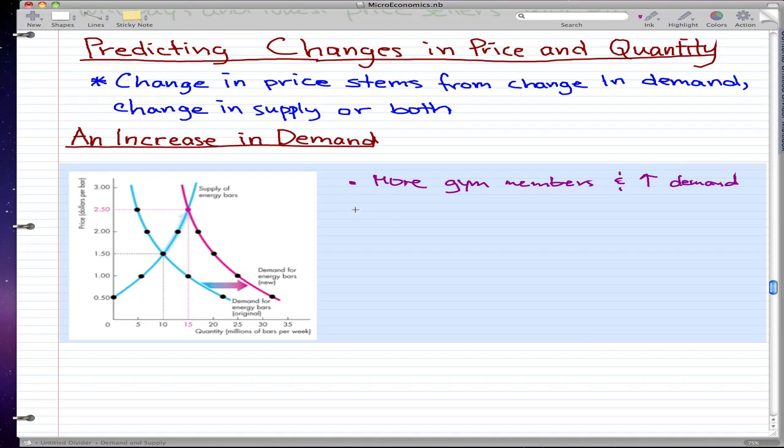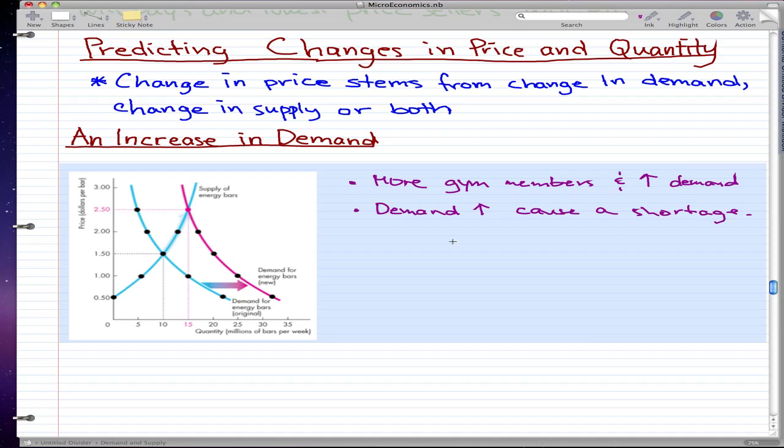And when it increases demand, what do we have? Well, now we're at this point at a price of 150. At a price of 150 with increased demand, there is a shortage. The demand increase caused a shortage of supplies.